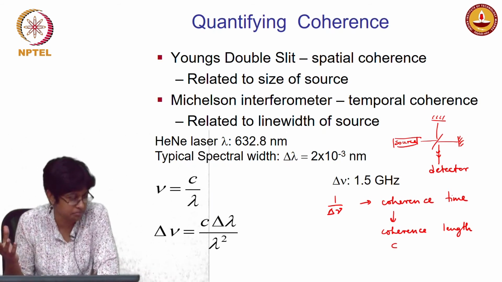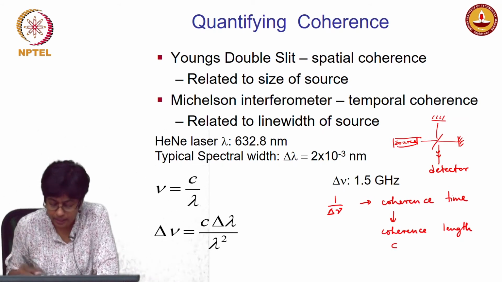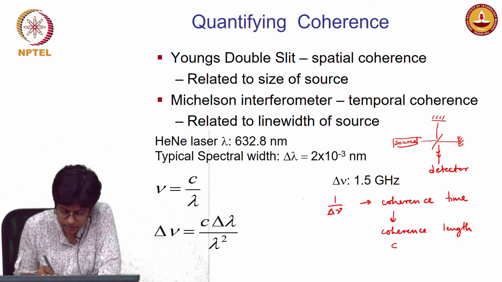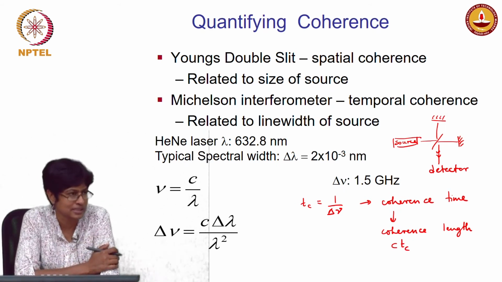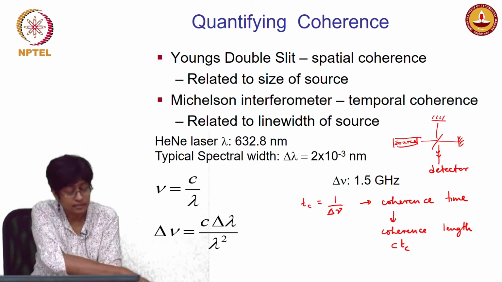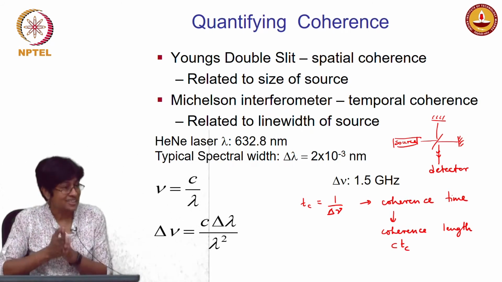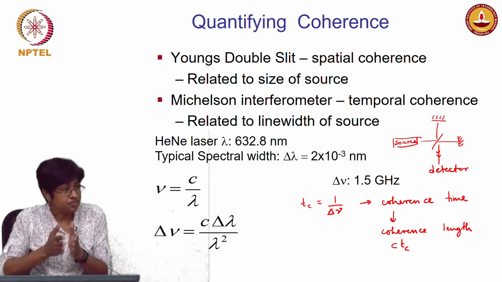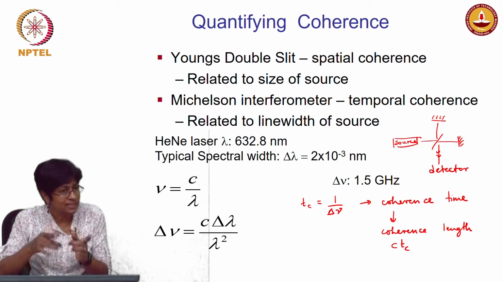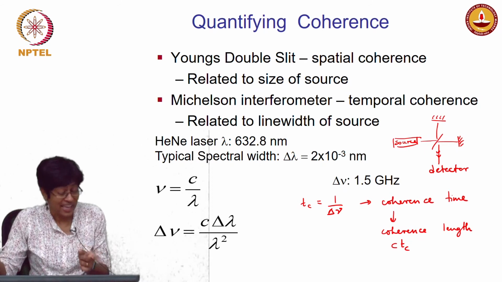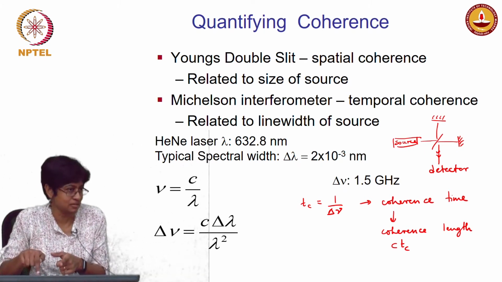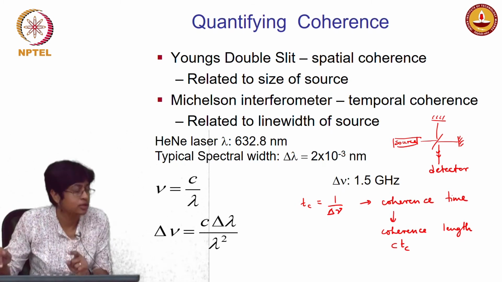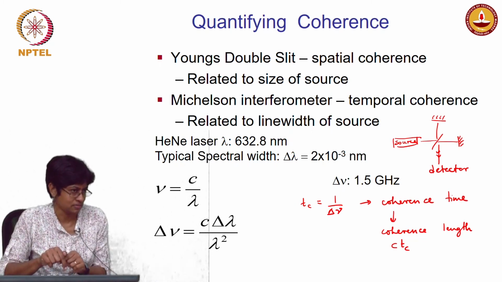If coherence time is Tc, then the coherence length is c times Tc. In the interferometer, that tells me if the path length difference between the two arms exceeds this length, I will not see interference. Does that make sense?